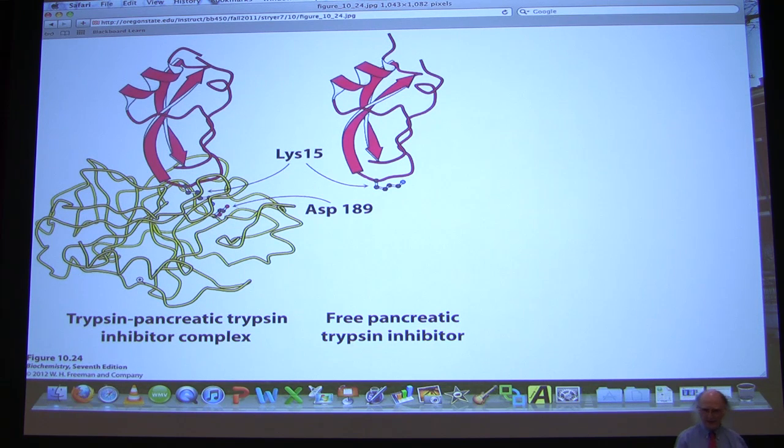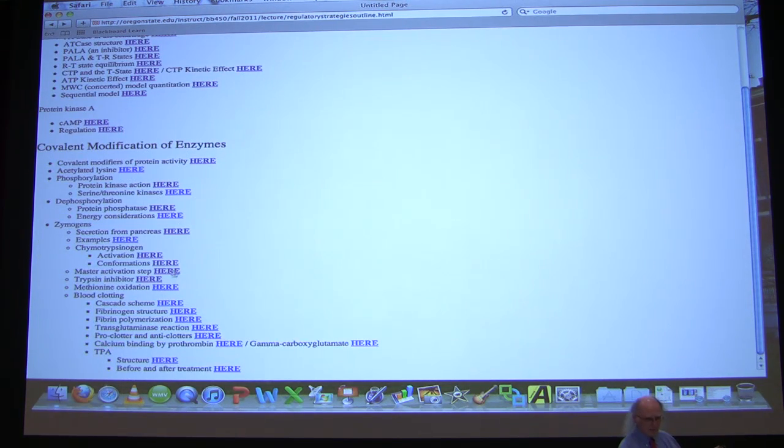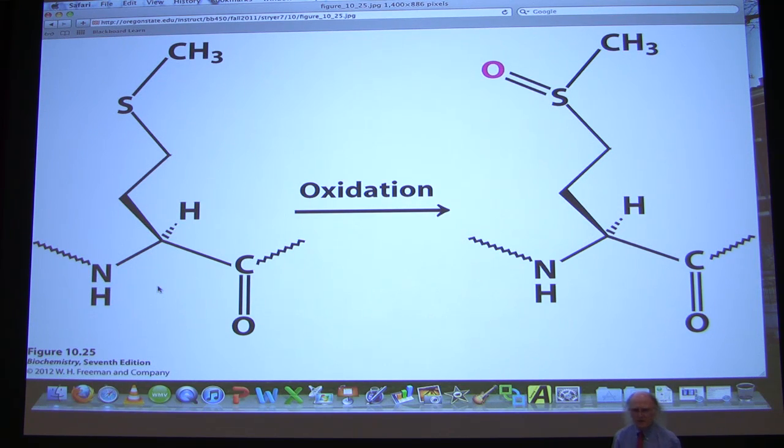What disturbs that balance? Well, it turns out smoking disturbs that balance. Smoking oxidizes a very critical methionine side chain in alpha-1 antitrypsin. When it oxidizes that side chain, we create the side chain that looks like this. This is what we started with over here.